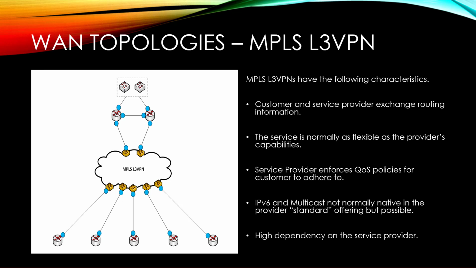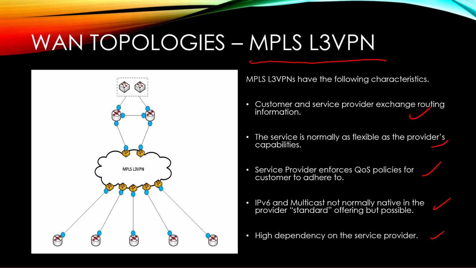Here on the screen we are focused on MPLS L3 VPN, and we talk about the characteristics of this technology. We will look at each of these characteristics and talk about the pros and cons and where you may want to use this type of solution.